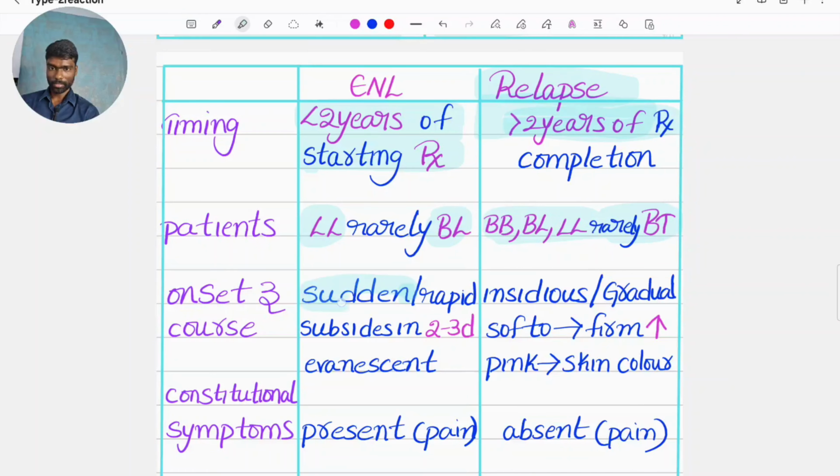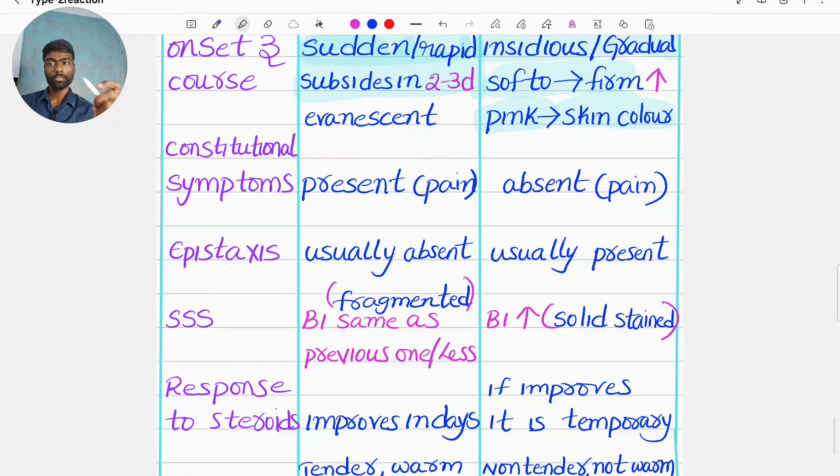Onset is sudden and rapid. Resolution is also very fast, only subsides in 2 to 3 days. I already told you, ENL is evanescent. Here it is insidious or gradual. Here it gradually progresses, it won't resolve. Soft lesions will become firm, pink lesions will become skin colored, infiltration will involve the entire thickness of the skin and it will spread, it won't reduce until we give multi-drug therapy.